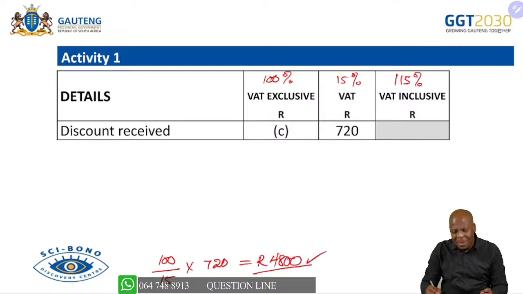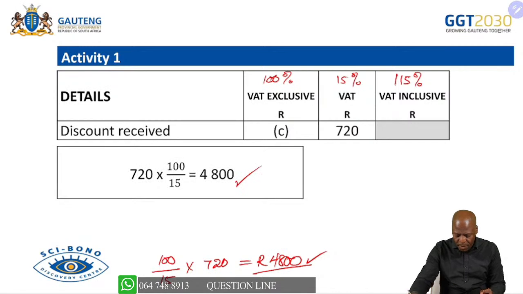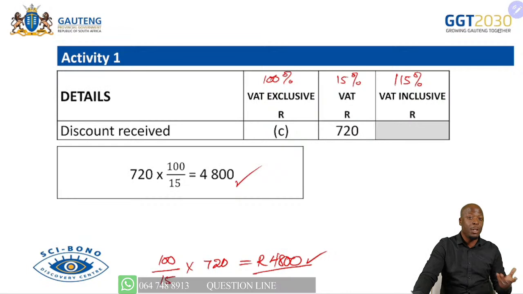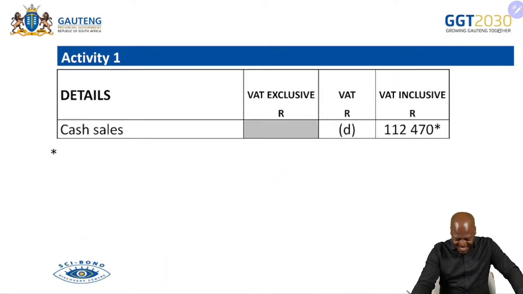My dear, that is very correct. So we get 4,800 rands. There it is. Neatly done. So you must be able to calculate either your exclusive and your inclusive when you are given the VAT amount. You simply use the UK method and then everything becomes easy.